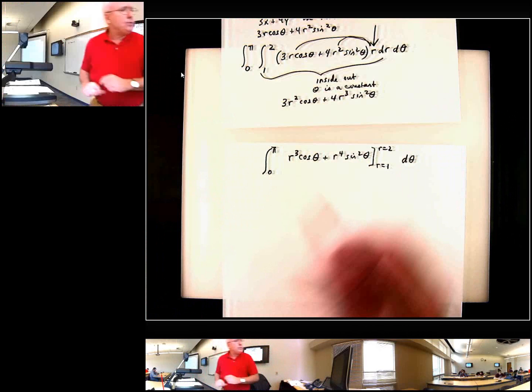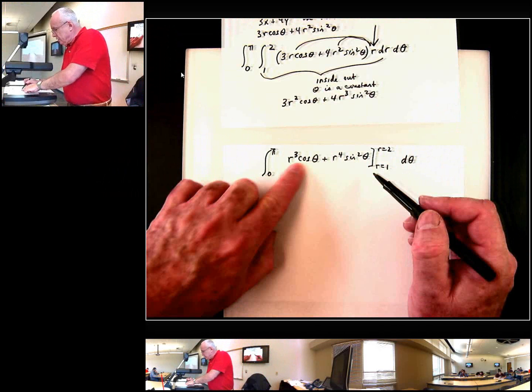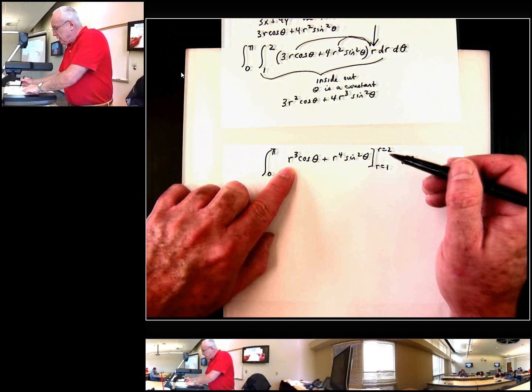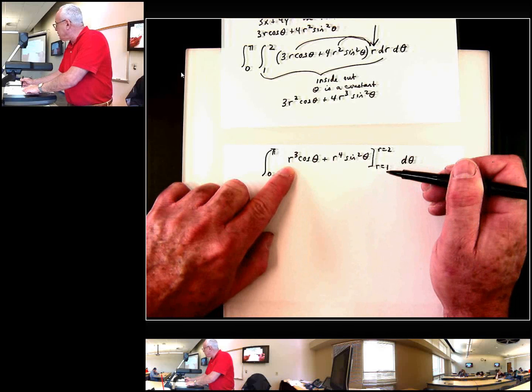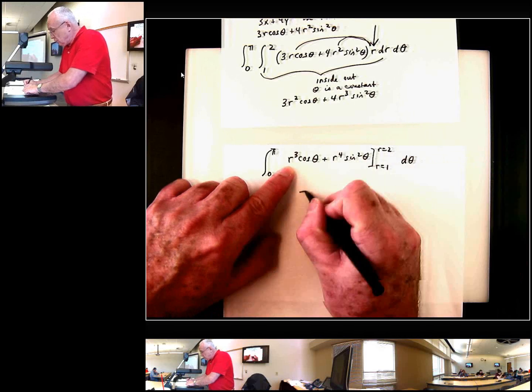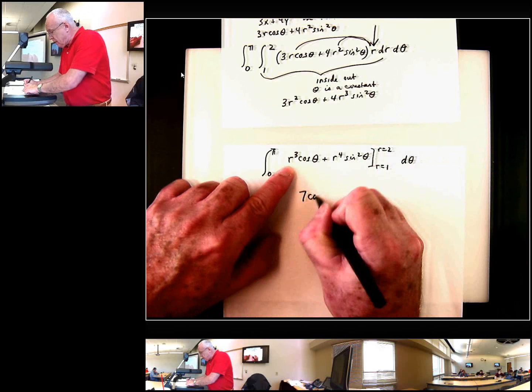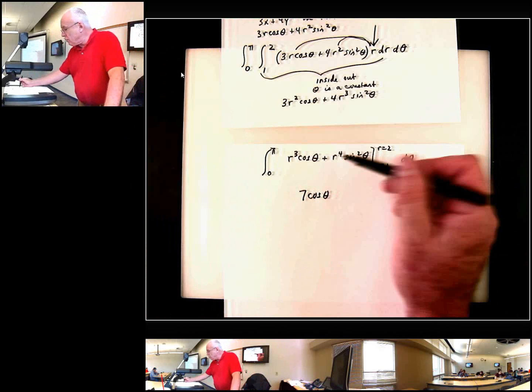So let's see, what do we get here? This is basically going to be cosine of theta times 2 to the third minus 1 to the third. So that's going to be 8 minus 1, 8 minus 7... so we're going to end up with 7 cosine of theta. And then this is going to be r to the fourth.